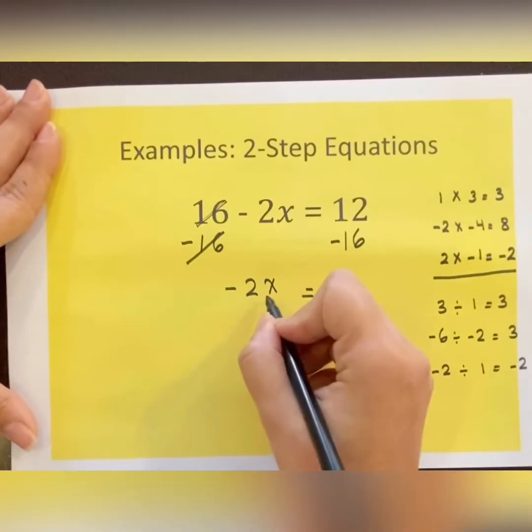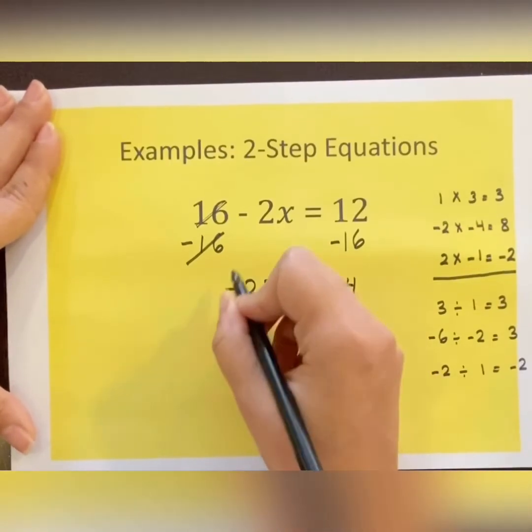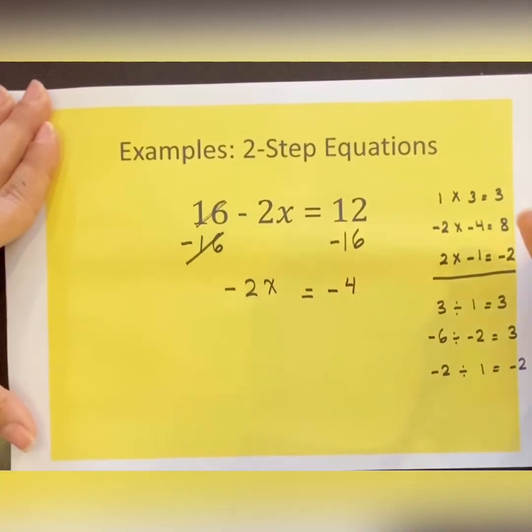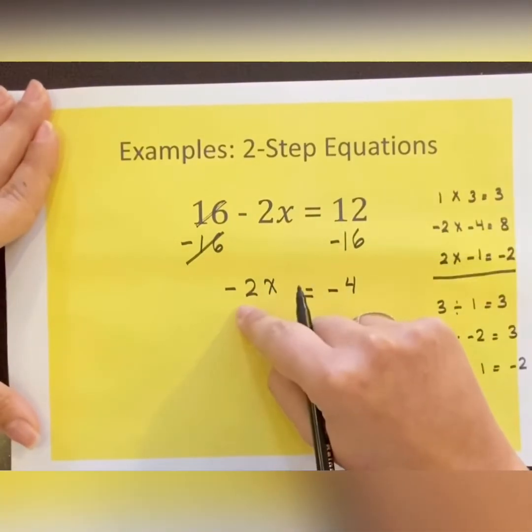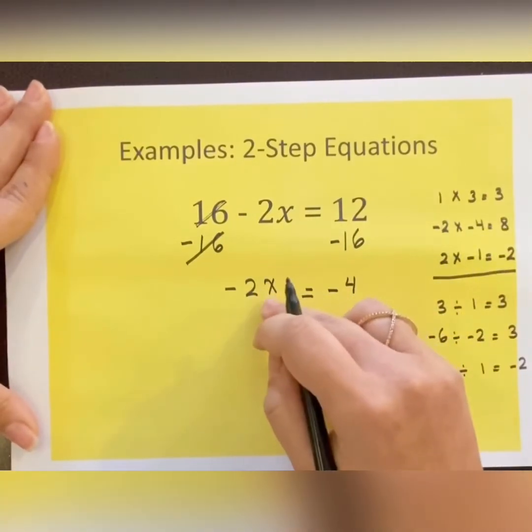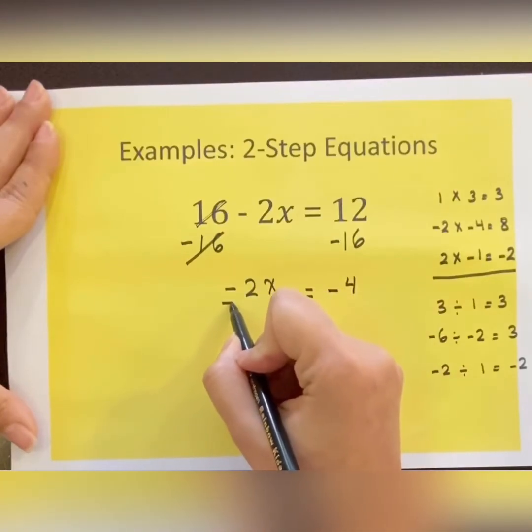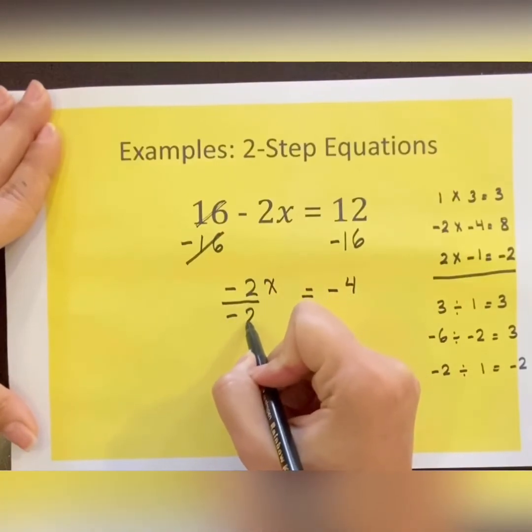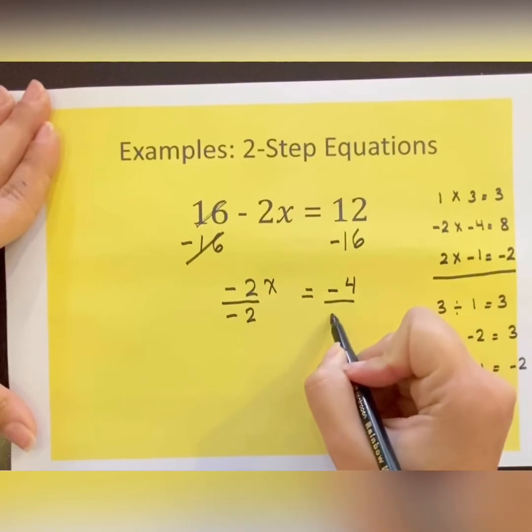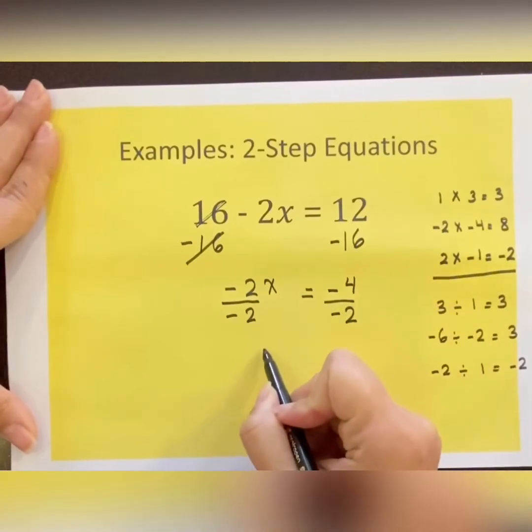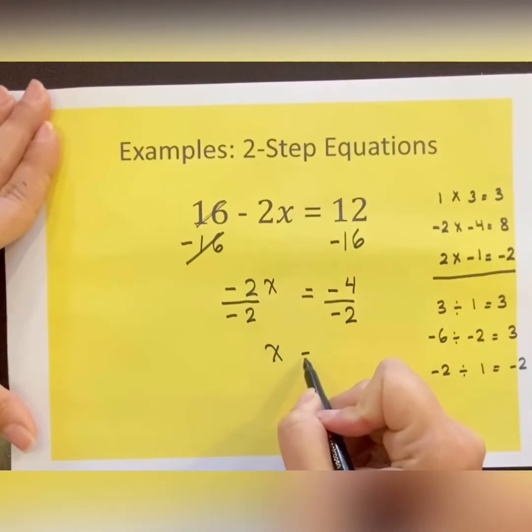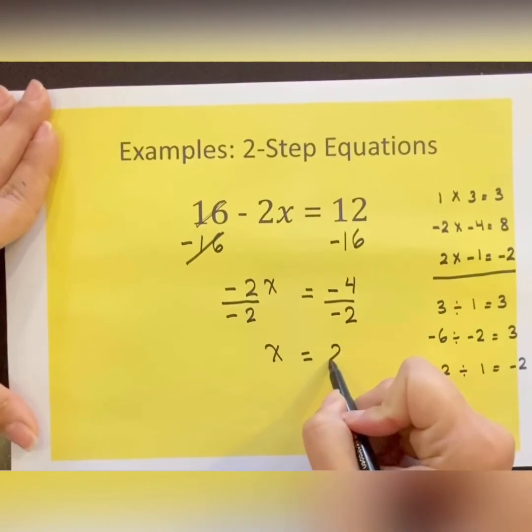Now, we have to get rid of this number. I'm not going to think of it as subtraction. It's negative 2. The coefficient of x is negative 2. So we have to divide by negative 2, and we have to divide by negative 2. So x equals 2.